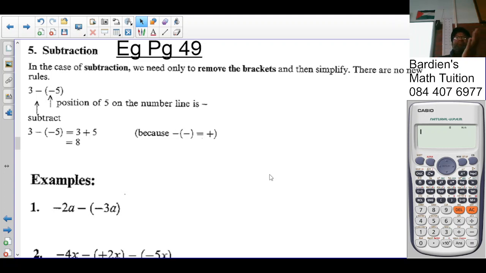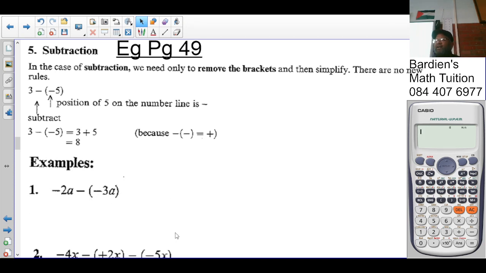Some of you say 3 minus 5, which we understand what you're trying to say. We spoke about this before, that a negative times a negative is a positive. So it becomes 3 plus 5, which is 8, because a negative times a negative is a positive.